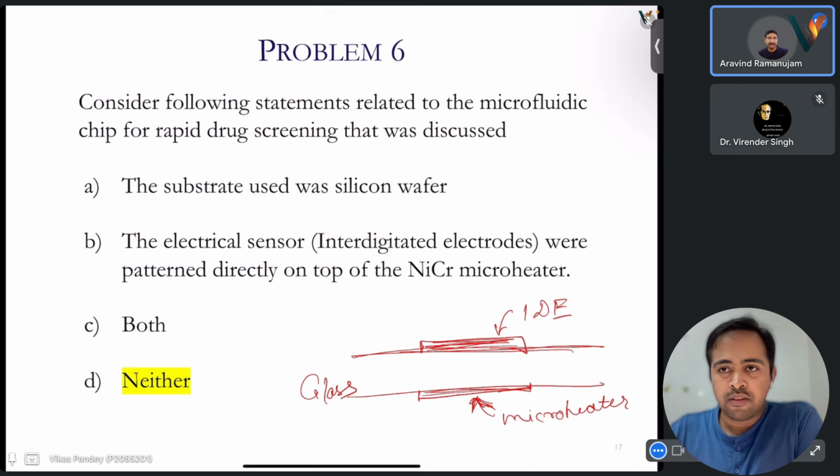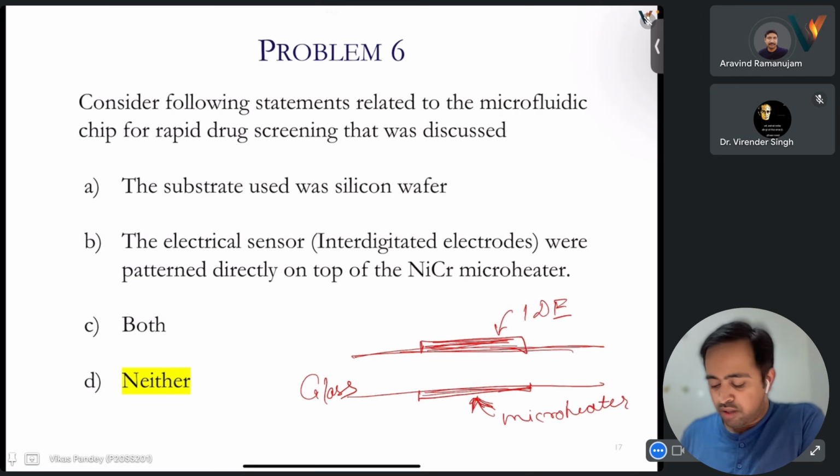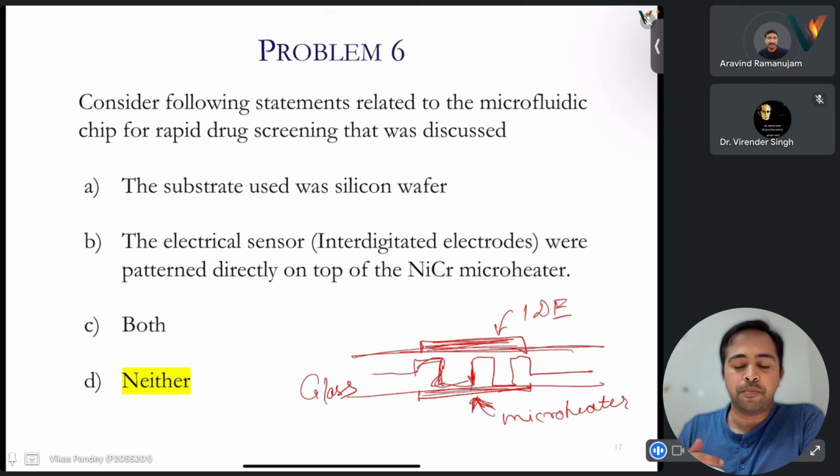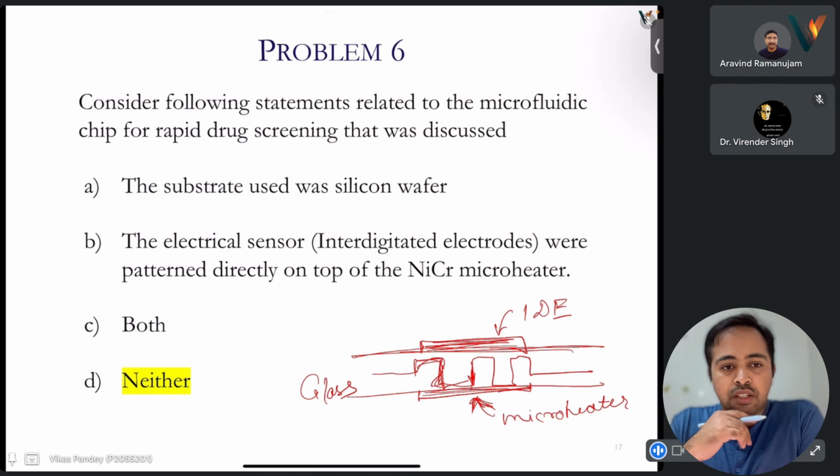To maintain the human body temperature. That is the first question we answered. If the fluid comes, like a tube-like structure on the other side, such a tube cannot be made easily. But suppose such a tube is there, it will heat it, and the IDE pattern will be able to sense it.